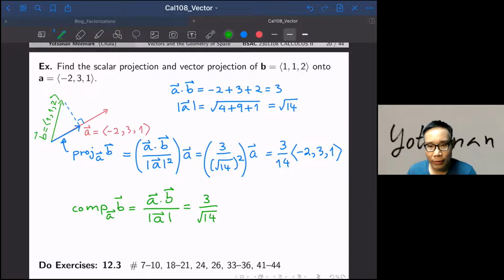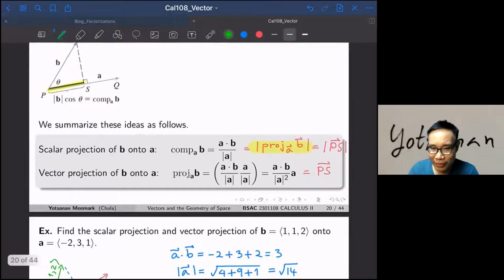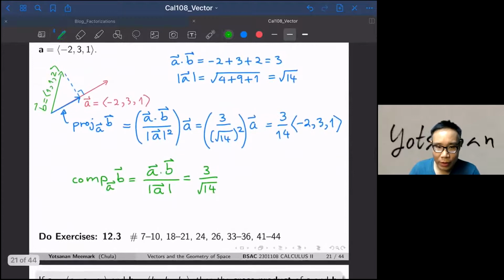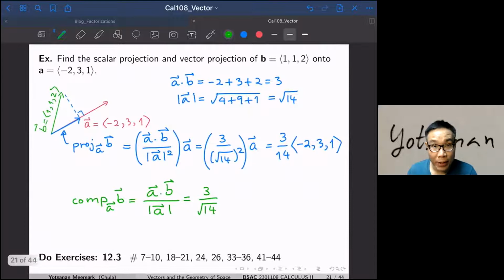The formula may be a little bit confusing, however what you're going to use is very simple. You get A and B, plug into the formula, and that's it. You get a vector and you get a number. That will be your final answer, and I hope they're not hard to compute.